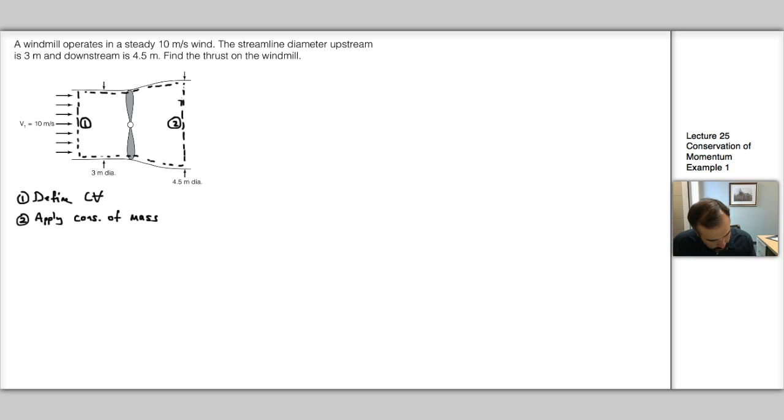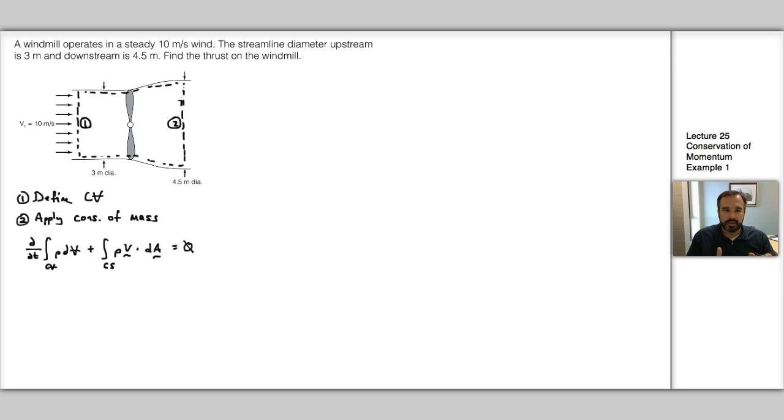So let's write it out in its full form. D over dt times the integral over the control volume, rho dV, plus the integral over the control surface of rho V dot dA is equal to 0.